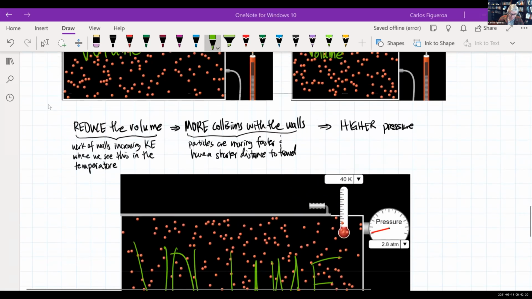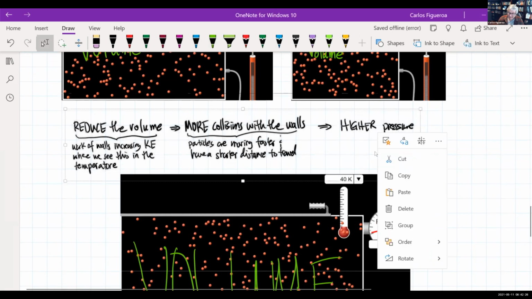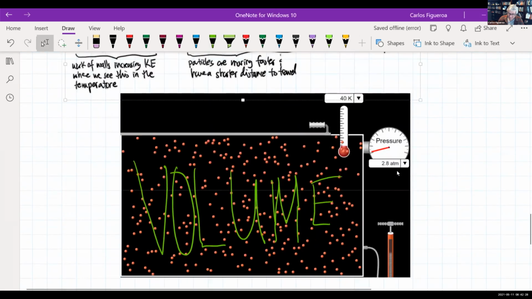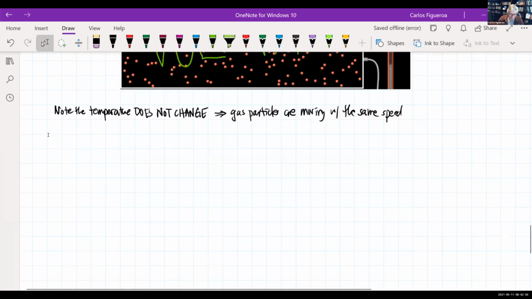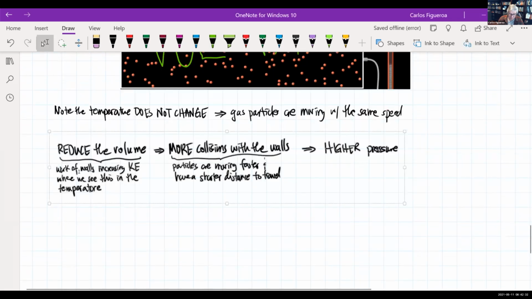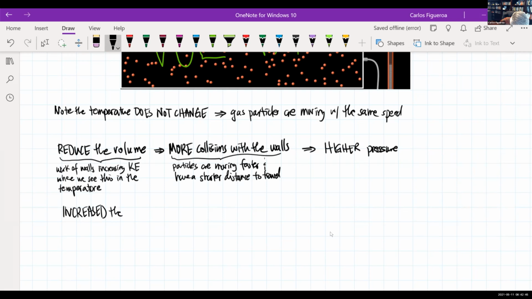I was trying to figure out, so I'm going to copy this just so that we could put them together. It's the same statement. You don't have to rewrite this, but here's, what did we do here? In this case, we increased the volume.